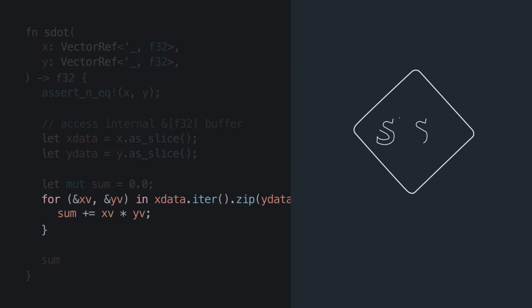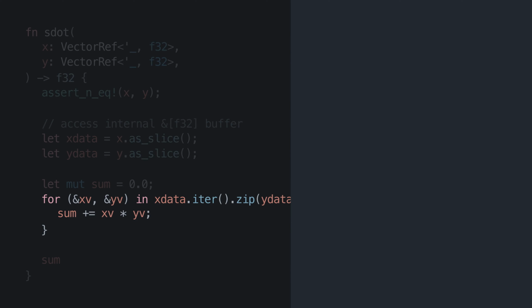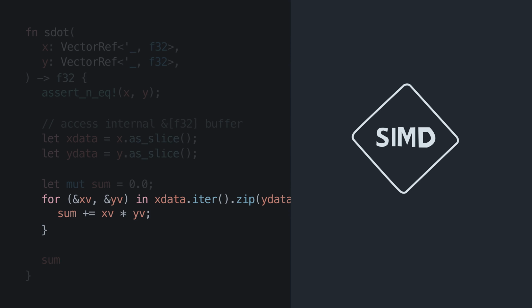The scalar loop is SISD, or single instruction, single data. For each pair of elements, we calculate their product and accumulate into the sum. To more fully use the CPU, we do work in parallel. We want to do SIMD, single instruction, multiple data.